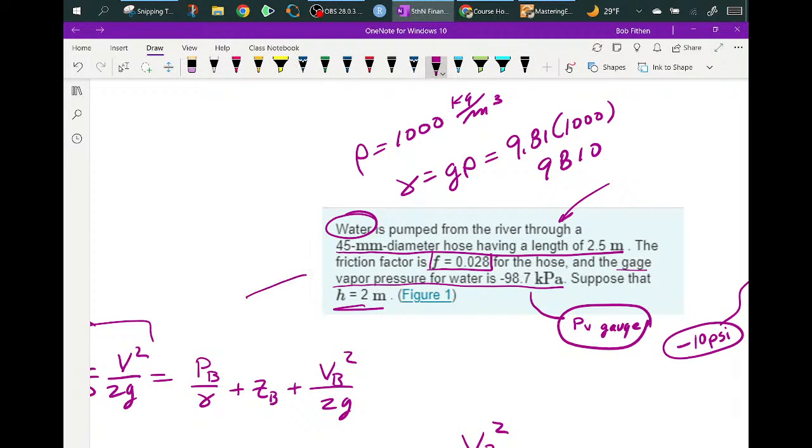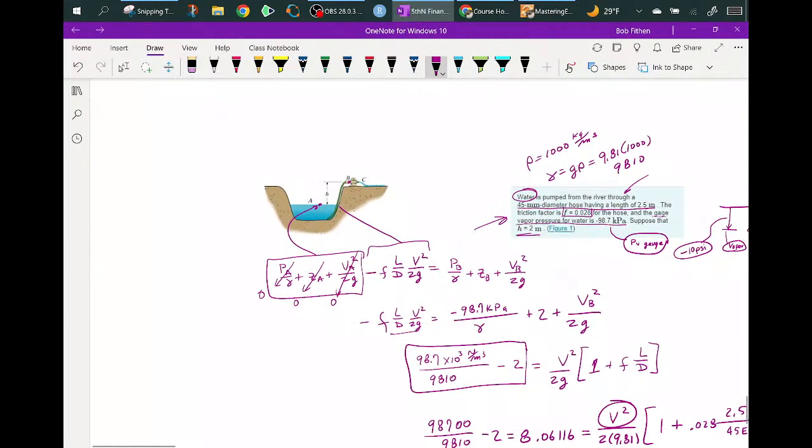Oh, he doesn't. This is just a statement. The question is over on the other part. And he says, determine the maximum volumetric discharge from the hose so that cavitation will not occur within the hose. Okay, so that should get you going there.